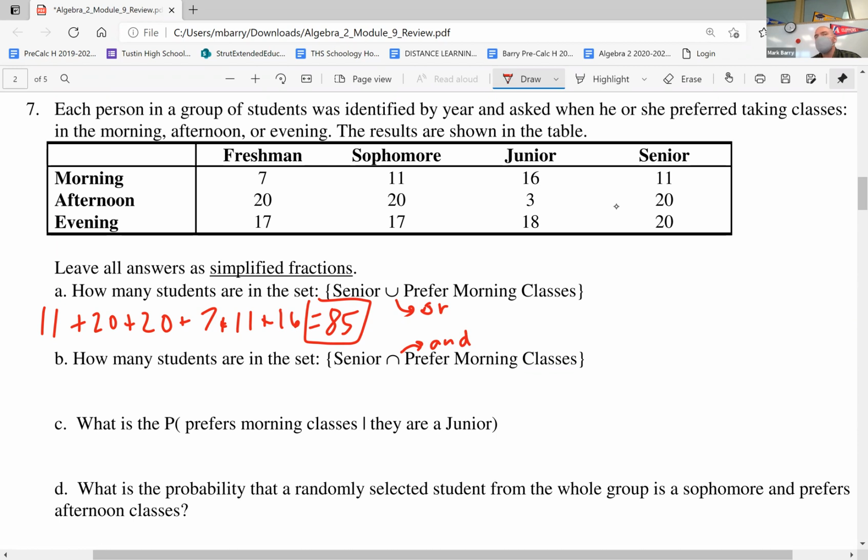So I'll give you guys 15 seconds here to get that. All right, so this one is just 11. So just these 11 students right here that were both seniors and preferring morning classes, all right?